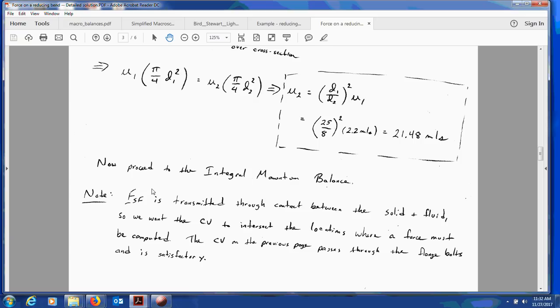That's where the flange bolts are. And so, as I said before, we want the control volume to intersect the locations where the force is to be computed. The control volume that we've already drawn that passes through the flange bolts satisfies this constraint, and therefore allows us to properly compute the force that we want from the momentum balance.